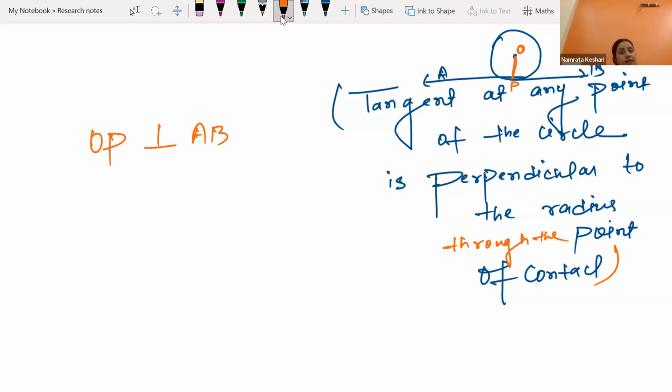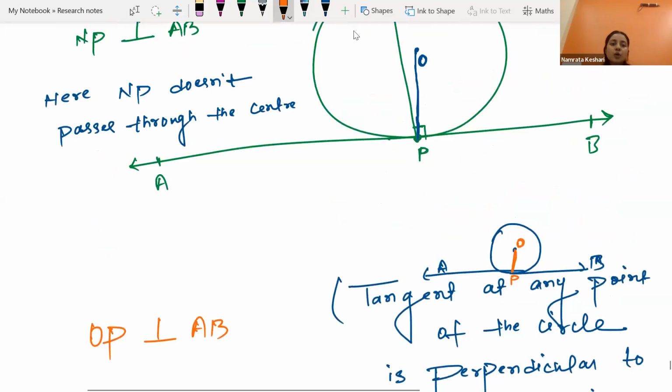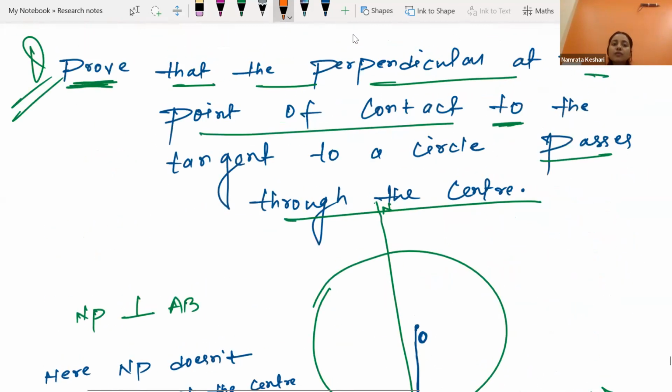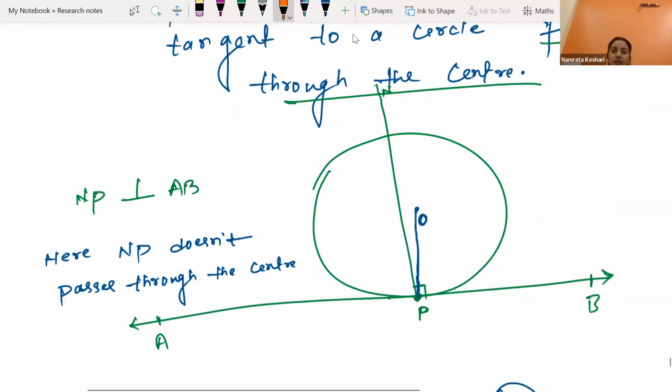Can we say that by this theorem? Yes. So this is one condition. And according to the given theorem, we have already taken the assumption that NP is perpendicular to AB. From both conditions, can we say that NP passes through O?